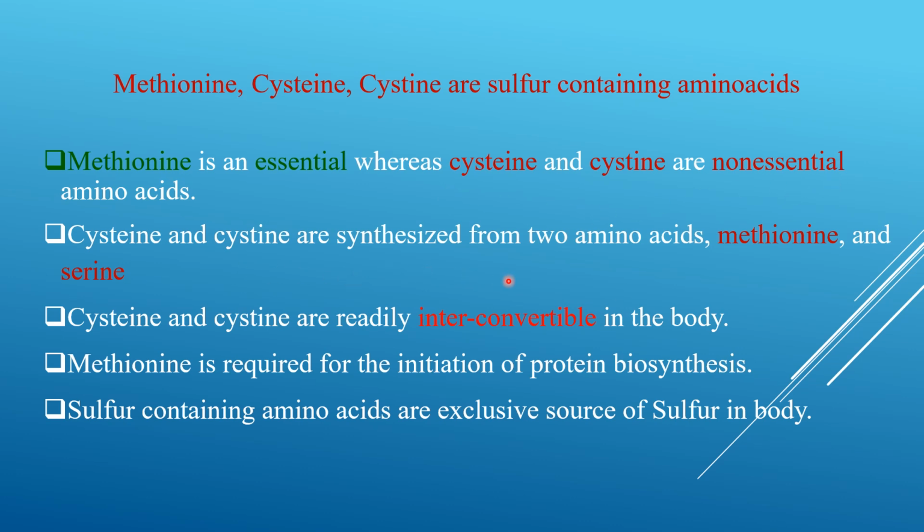Cysteine and cystine are synthesized from two amino acids, methionine and serine. We'll see in the subsequent slides. Cysteine and cystine are readily interconvertible in the body. Methionine is required for initiation of protein synthesis, and sulfur-containing amino acids are the exclusive source of sulfur in the body.